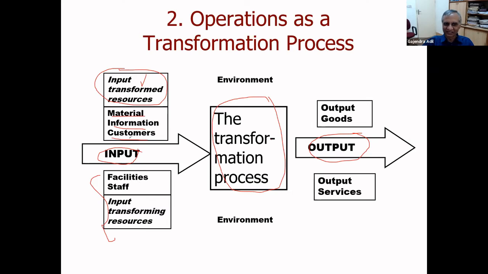So material, information, customer. You want to change some aspects of these in general. And transforming resources are the facilities we use to do that. So we have facilities like computer, space, waiting area and all those in the bank, right? Any staff who are doing it. You can also think about computers, and all those things, whatever is required.